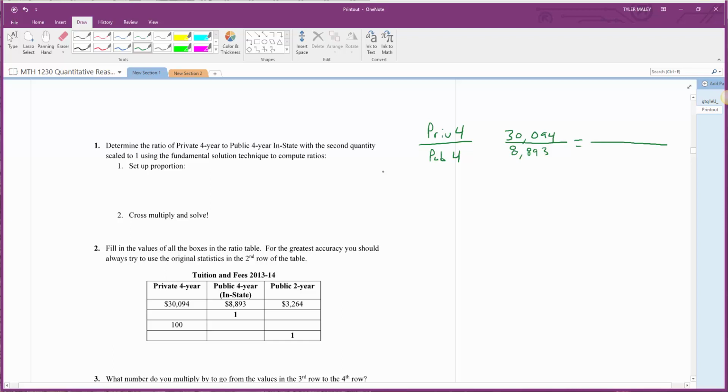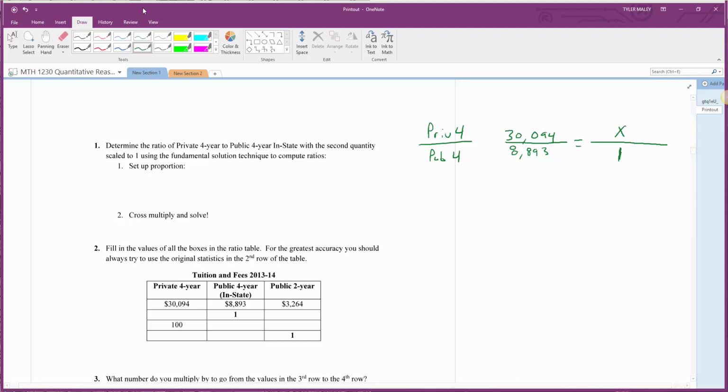And then we're asked to scale the second quantity to 1. So when we say scale this quantity to a specific value, what we mean is just put 1 in its place. We call it scaling, but that's essentially what it means. Just put 1 there, and then this would be x, and find x.